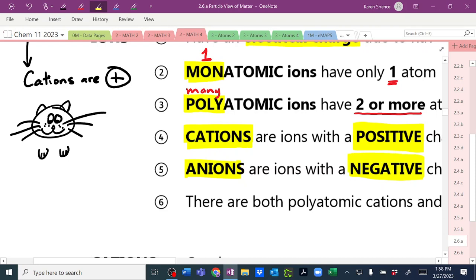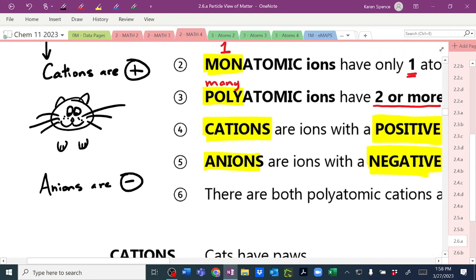And tell your partner somehow you can remember that anions are negative. There's a couple ways you can remember.